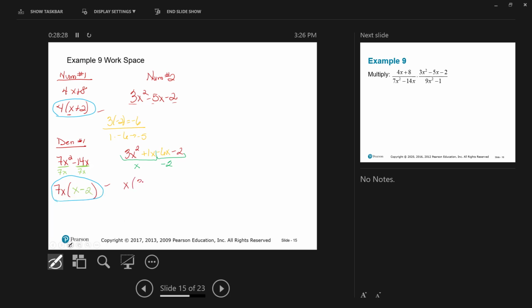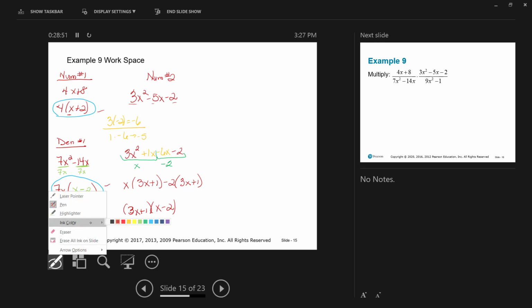What remains is a 3x and a positive 1. Take out the negative 2. What remains is a positive 3x. And negative 2 divided by negative 2 is a positive 1. And there are those parentheses that we so look forward to having, because when they are there, we can complete the factoring and make it a multiplication problem. So here is numerator number 2.